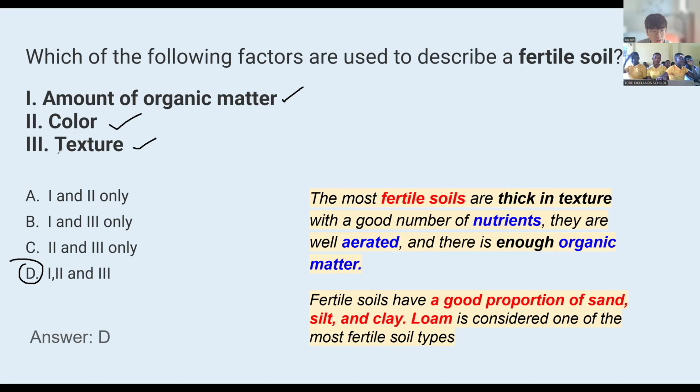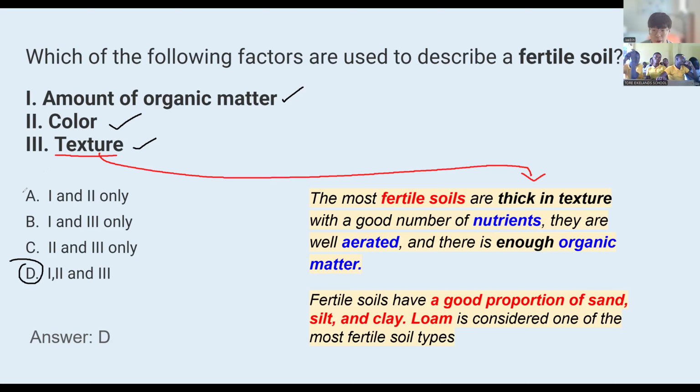So if we look at texture, most fertile soils are thick in texture. So that is one necessary property of a fertile soil. And if you look at color, color is also a factor. Darker color means a better fertile soil.